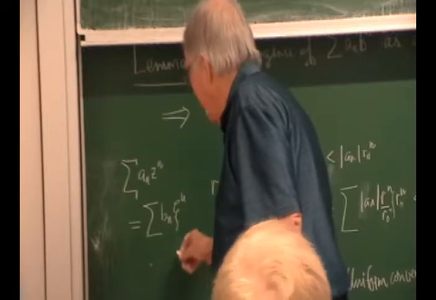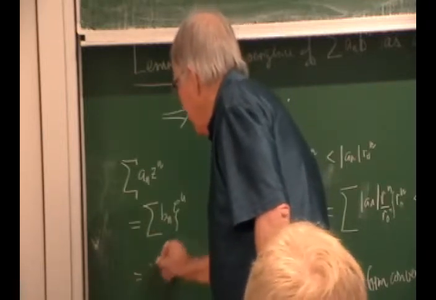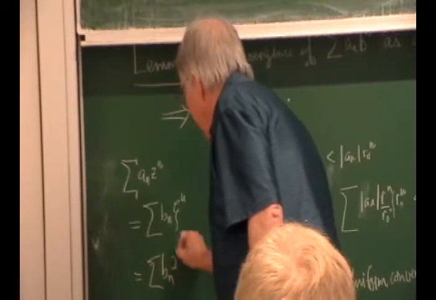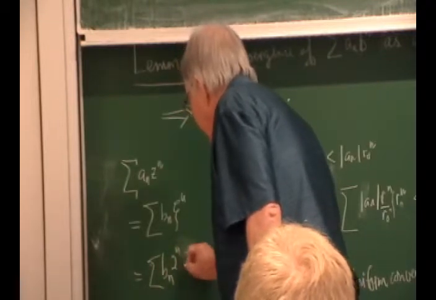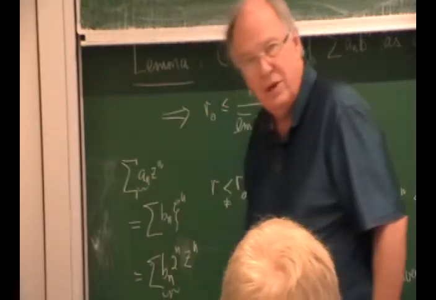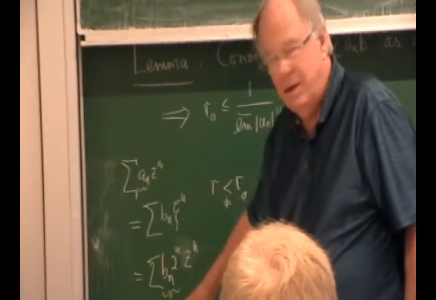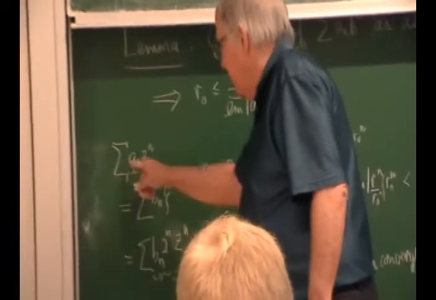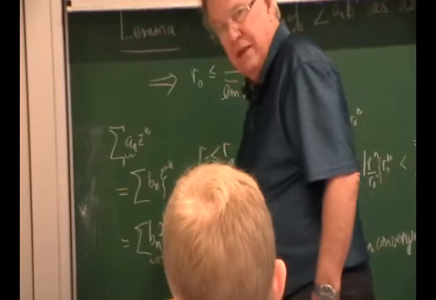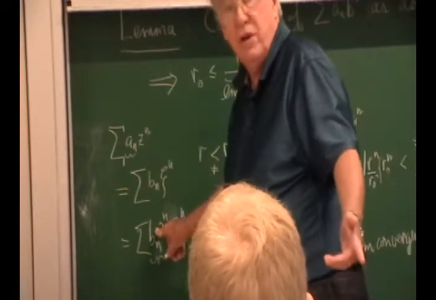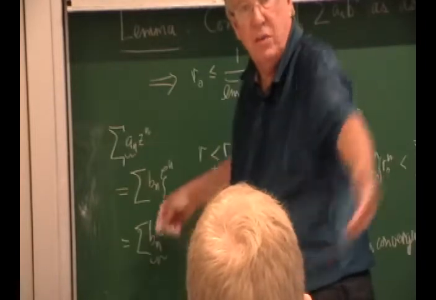So if you see, I put this in here, in Nico's coordinate, I'm saying 2 to the n, z to the n. Now these coefficients are changed by some astronomical thing. And of course, the limsup of this guy is the same as the limsup of this guy, but you can see what happens here. 2 is going to be playing a role. By doing this, I've doubled the radius of convergence.